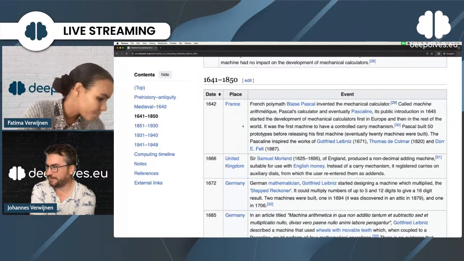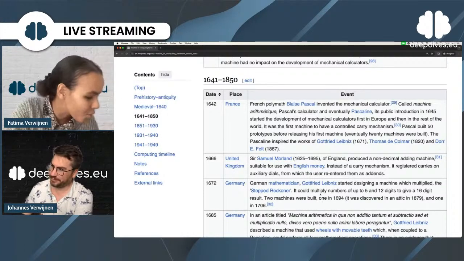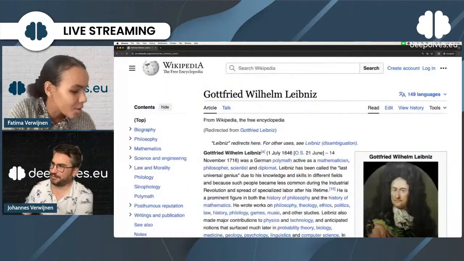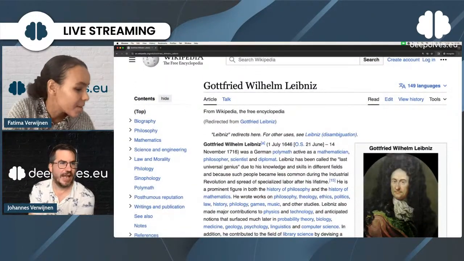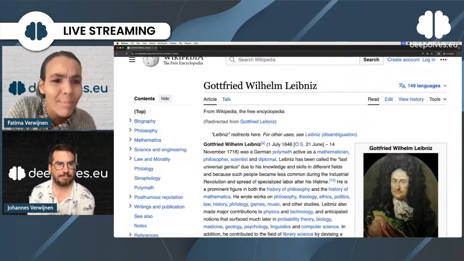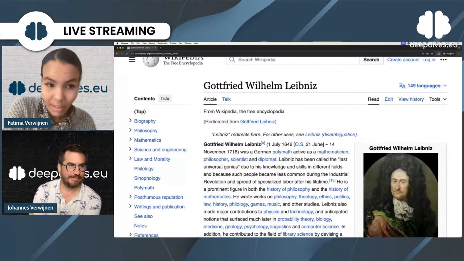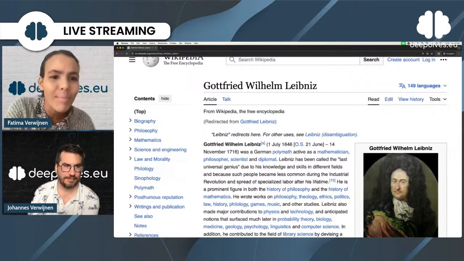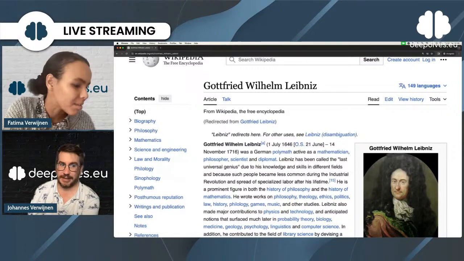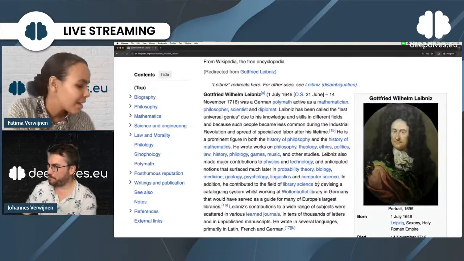And afterwards, continuing into 1673, we have this dude called Gottfried Wilhelm Leibniz, who invented differential and integral calculus, and is also the inventor of the Leibniz wheel, or the stepped reckoner.